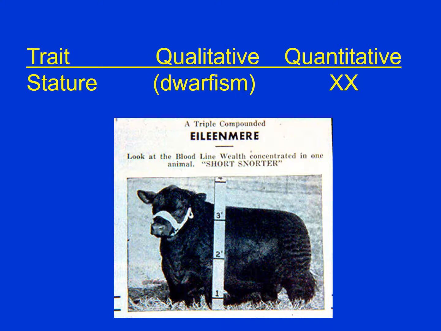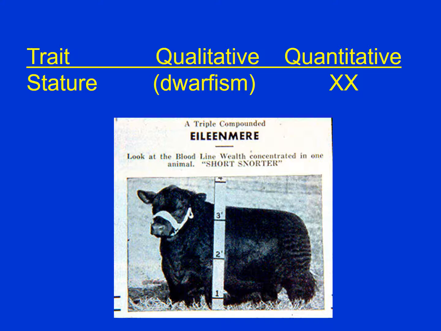So maybe not influenced by thousands of genes, but definitely influenced by dozens of genes. And of course, the environment's going to play a role there too. Animals' growth can be stunted if it's on a very low plane of nutrition. So generally a quantitative trait, measured on a continuous scale, influenced by the environment, influenced by many genes.